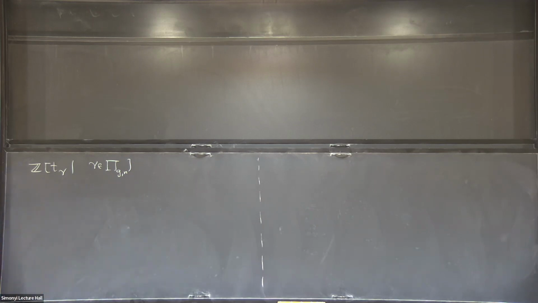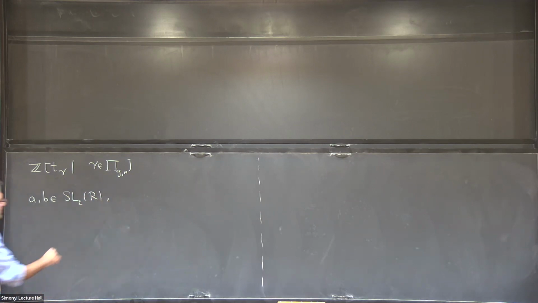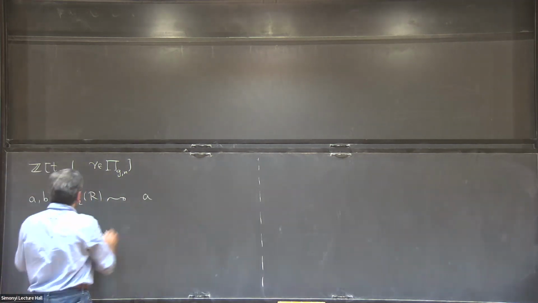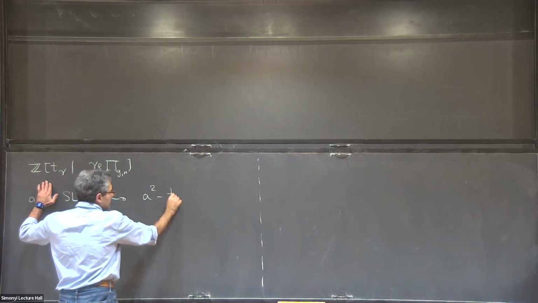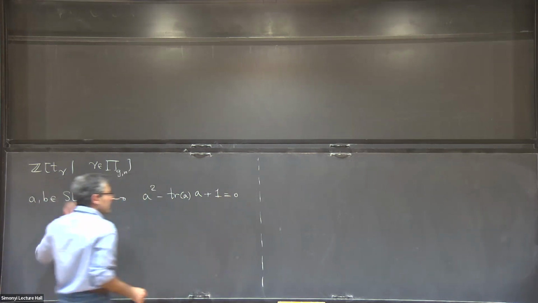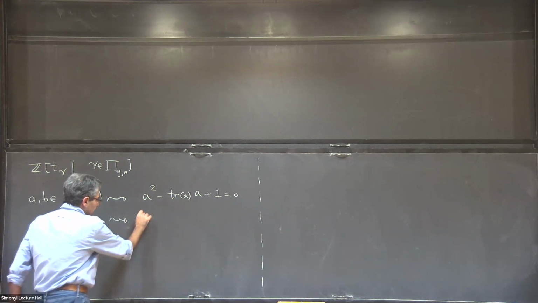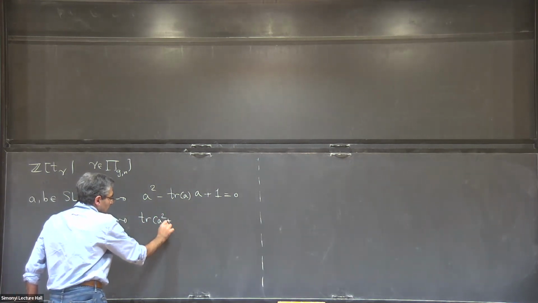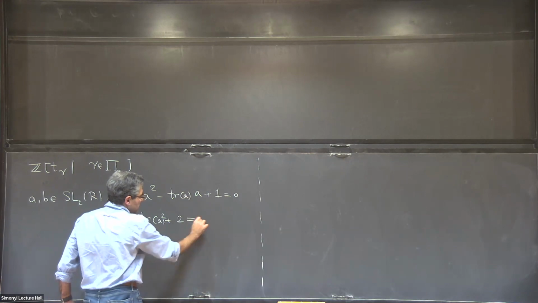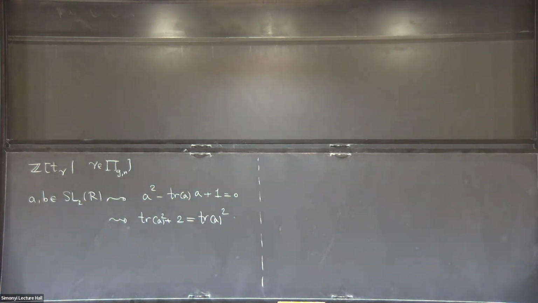If A and B are 2 by 2 matrices, no matter what ring, then Cayley-Hamilton says that A squared minus trace of A times A plus identity is 0. So from here I deduce one obvious relation: the trace of A squared plus 2 is supposed to be the trace of A, squared. That's at least one relation that I get for a single variable.